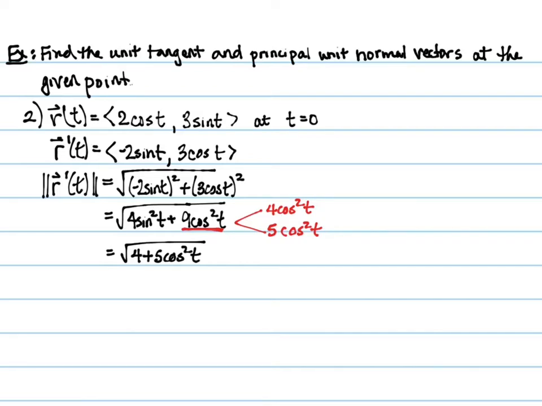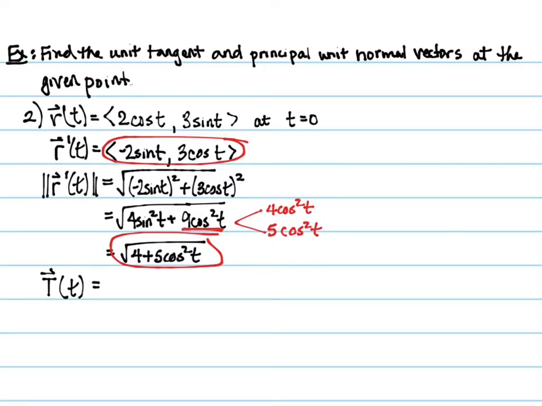Okay, so if I were to find capital T, not prime, capital T of t, right? Last time I found capital T of the point t that I was given, and I'll do that in a second, but I want to find it in general for this one in case you wanted to see that difference here. We would take the vector that we found up here and divide it by this magnitude.